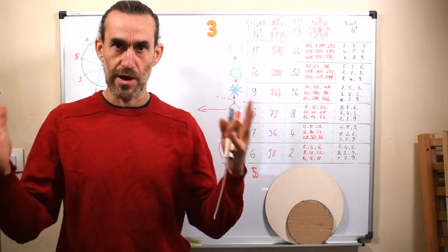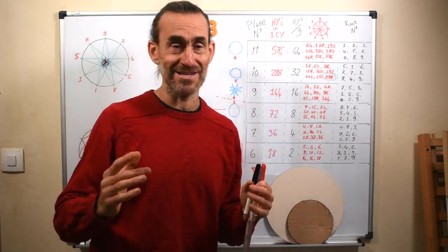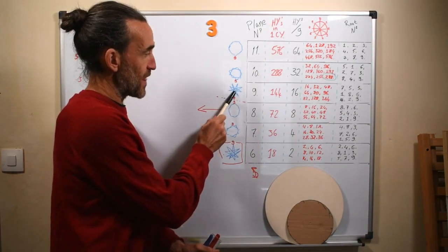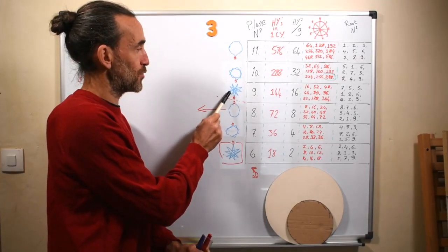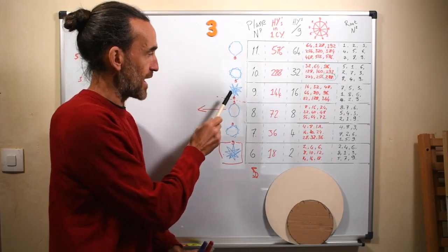And we'll fluctuate between those two awarenesses, and that's why we're back in the regular pointed star with the more acute angles.